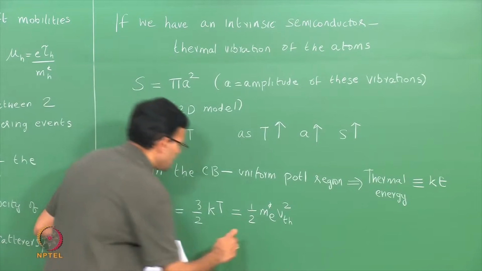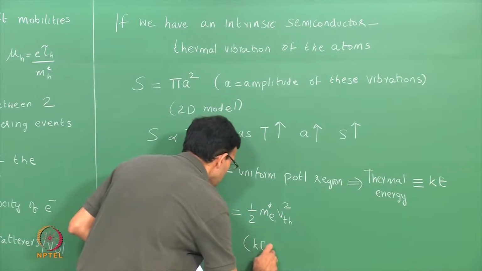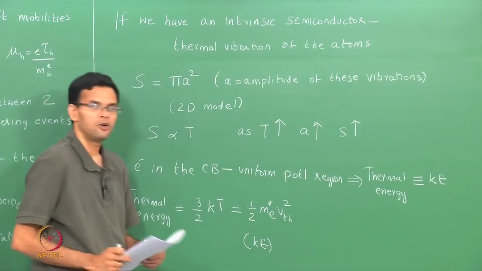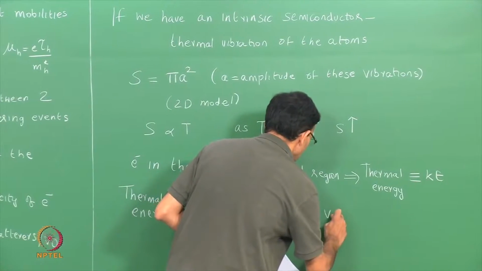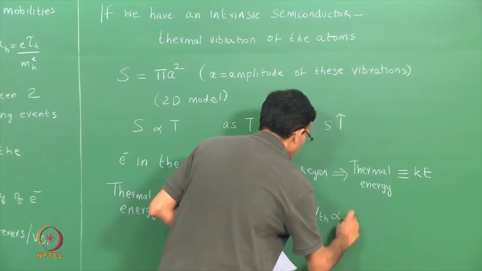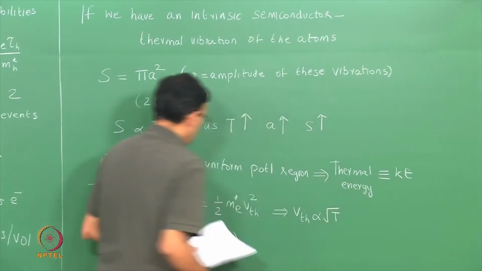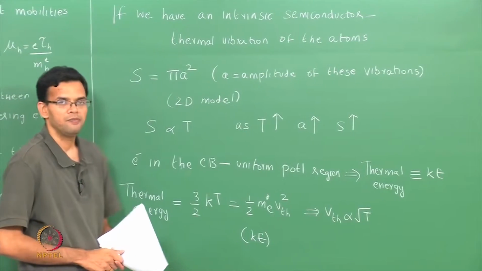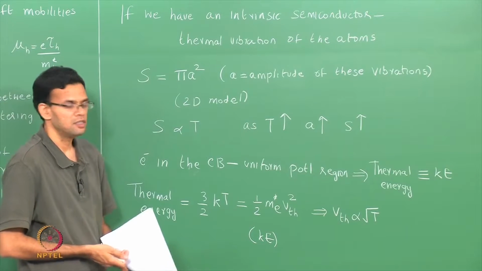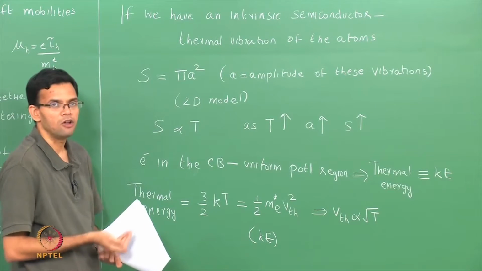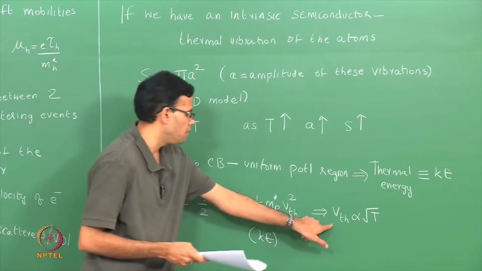So if we use this expression, V thermal is proportional to square root of temperature, which means once again, as the temperature increases, your thermal energy increases, so the kinetic energy will also increase, so V thermal will increase.